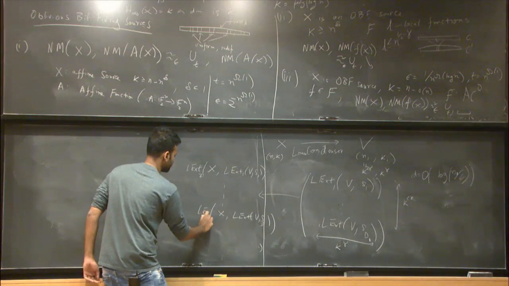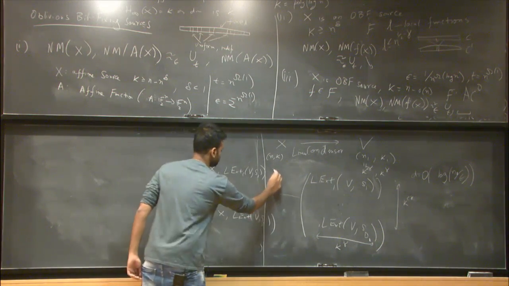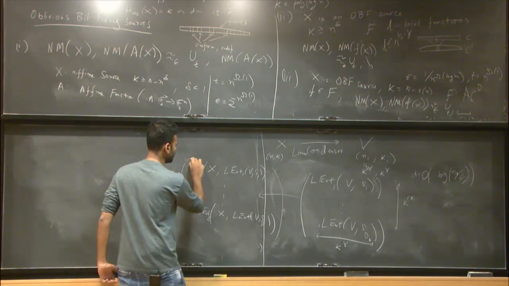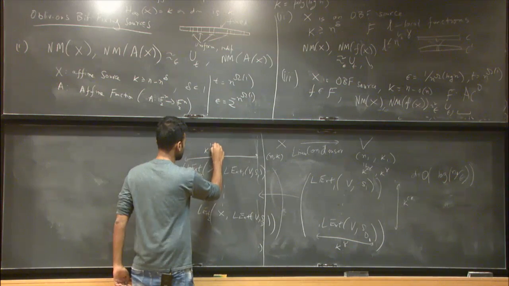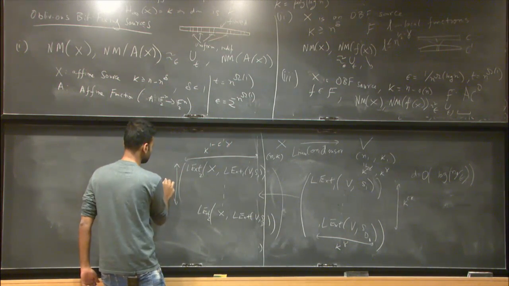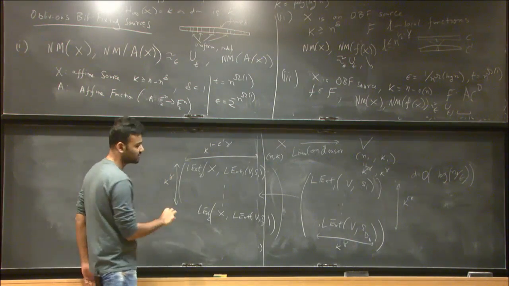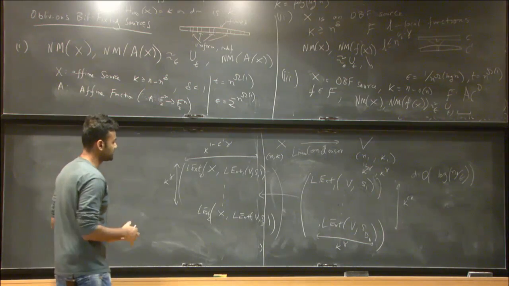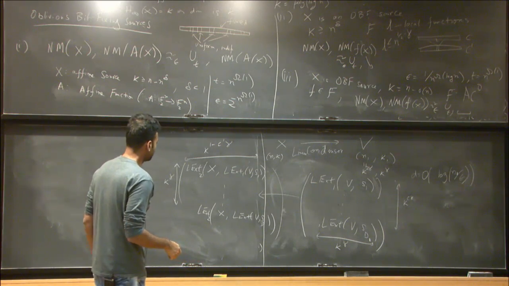It's the same number of rows, but now the number of columns is close to the entropy of the original source X. So it's a much fatter matrix.